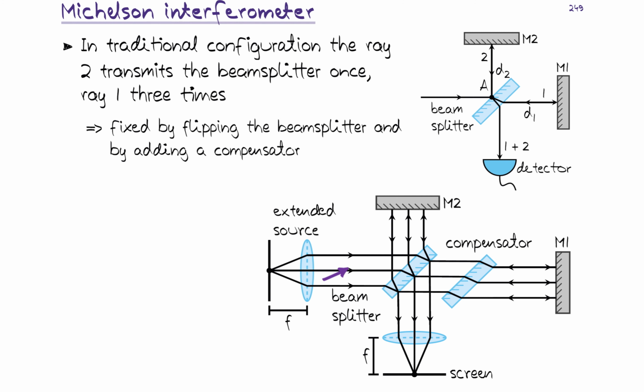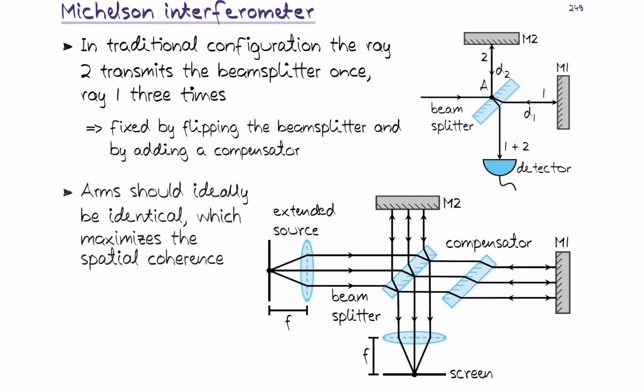Ray 1 propagates through the beam splitter once, then through the compensator, which essentially behaves like the beam splitter, and then the ray reflects and propagates a third time through something that essentially looks like the beam splitter, and then finally is guided into the screen and gives rise to the interference pattern between ray 1 and ray 2.